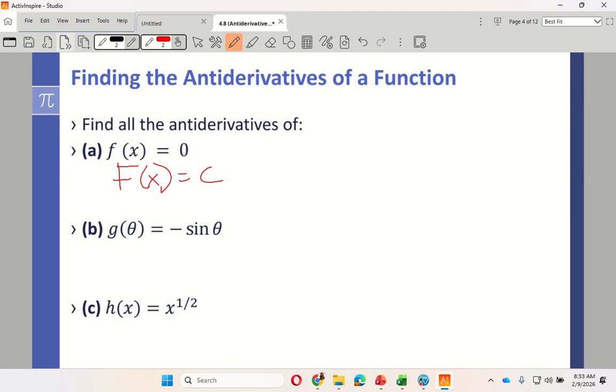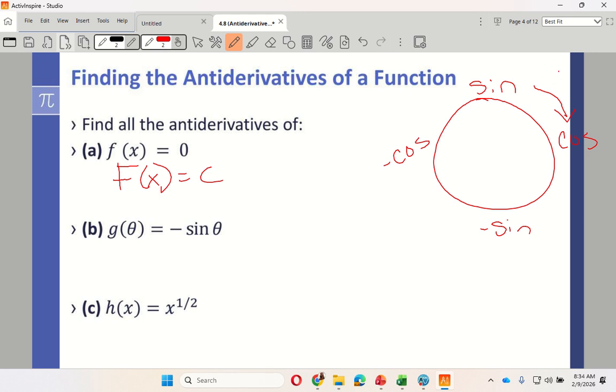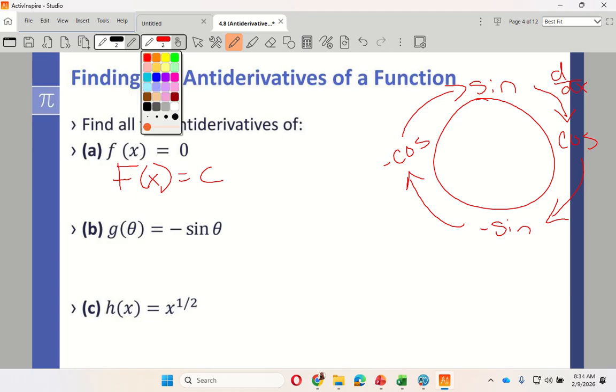Okay, so right here, I'm going to draw the circle for my derivatives. So it's going to be sine, cosine, negative sine, negative cosine. So if my derivative d/dx goes this way, my antiderivative, which is my integration, goes the other way.